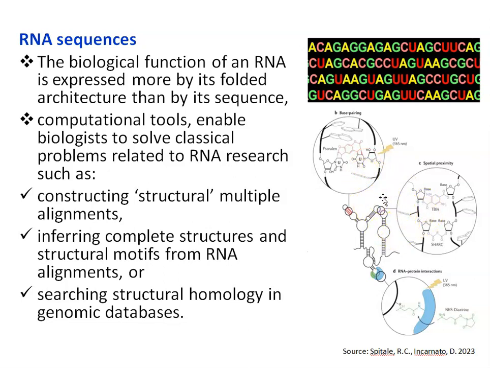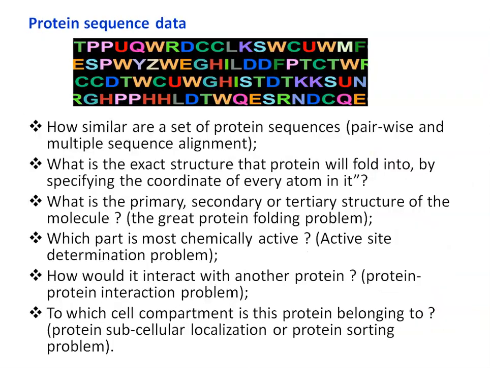Here computational tools enable biologists to solve classical problems related to RNA research, like constructing structure, multiple alignment, inferring complete structure and structural motifs from RNA alignment, or searching structural homology in genomic databases. Then questions that come from protein sequence databases.